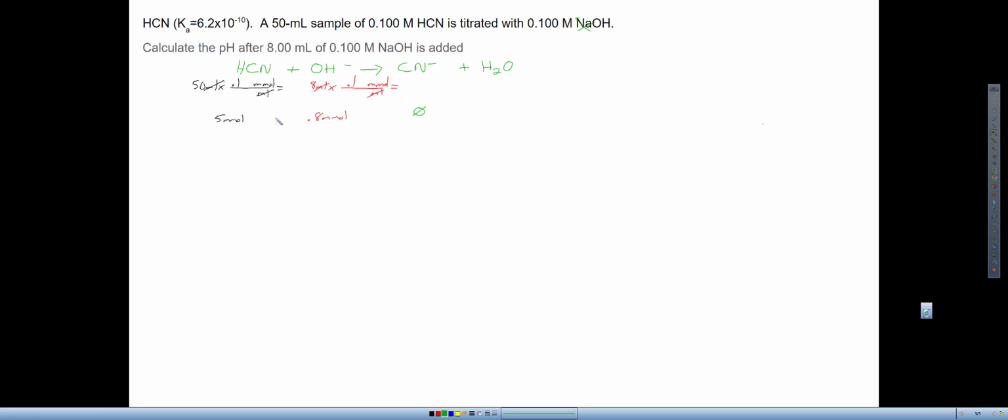So now again, when these neutralize, they're going to do so until all of this goes away. And if all of this reacts, it's going to take with it the same amount of H. That's always going to go to 0.